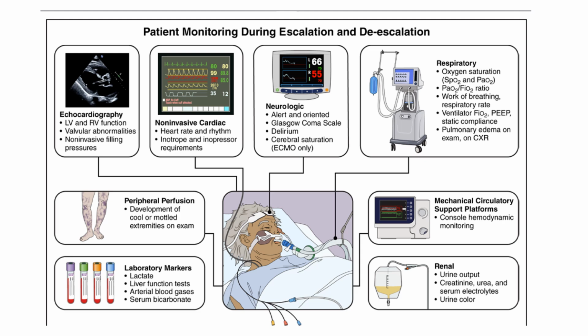So we'll do things like echocardiogram, invasive cardiac monitoring, we'll look at the physical exam day to day and look at the peripheral perfusion and notice that maybe, oh no, they have cold extremities or they're mottled. We'll get lab values every day, lactate and LFTs, kind of how we talked about earlier. ABGs and bicarbs are great.